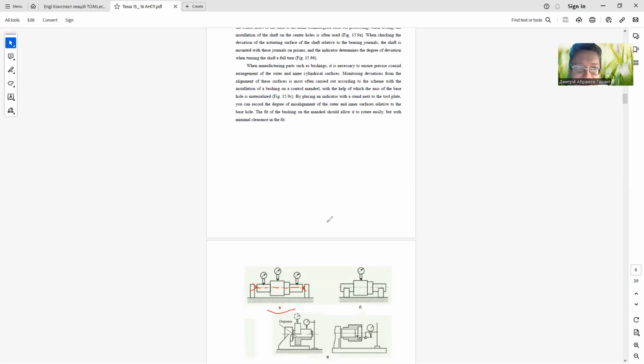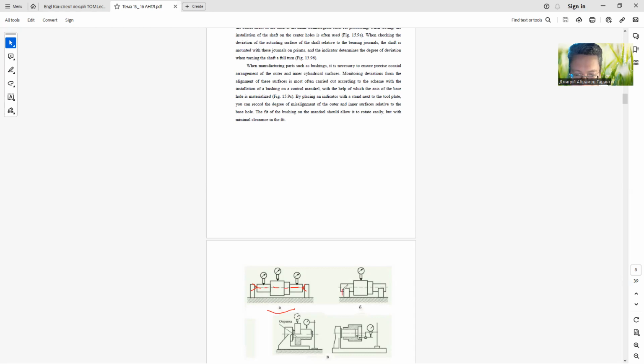When checking the deviations of the actuating surface of the shaft relative to the bearing journals, the shaft is mounted with these journals on prisms.